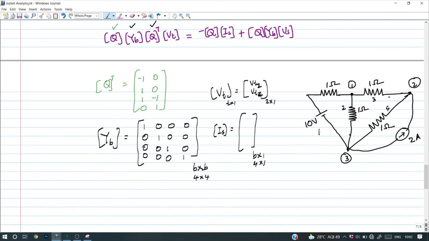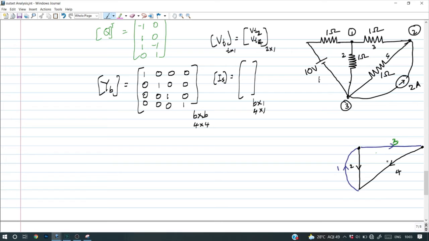No. In the fourth branch there is a current source. So its direction is upward. So this is our graph. Here the current source direction is upward, but the branch current is downwards. So they are opposite. So the current source is negative, -2 ampere. 0 0 0 -2 ampere. So this is the current source vector.